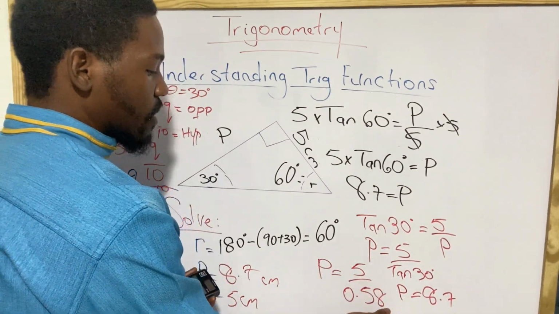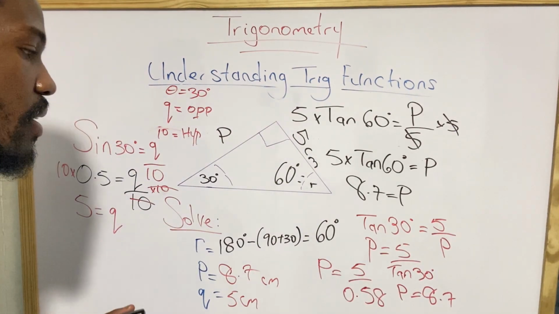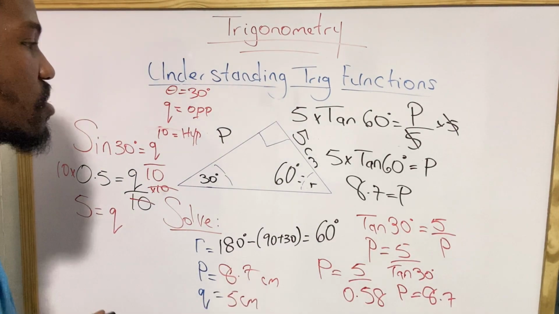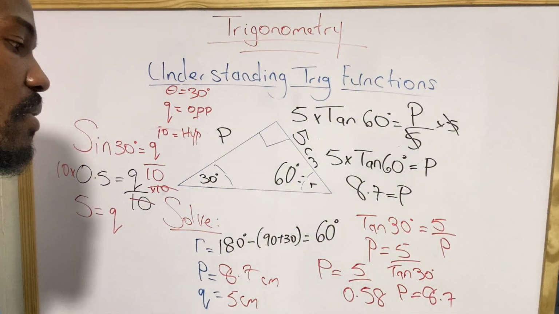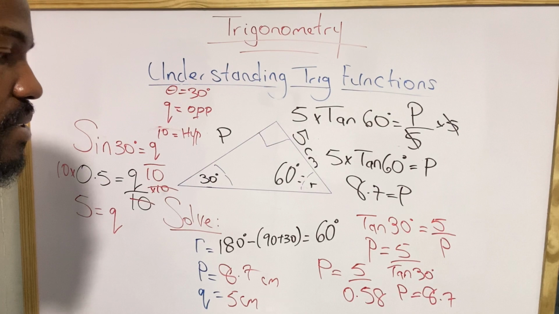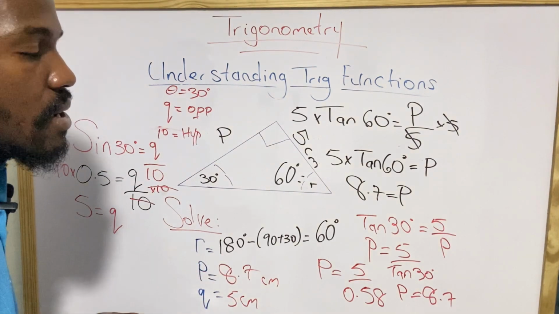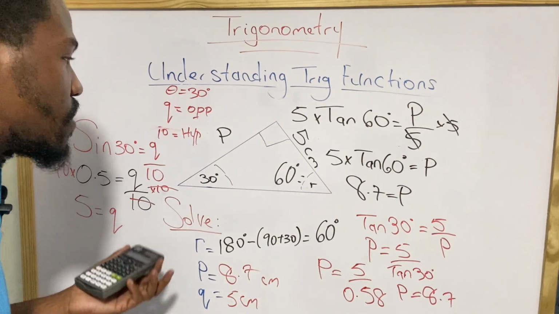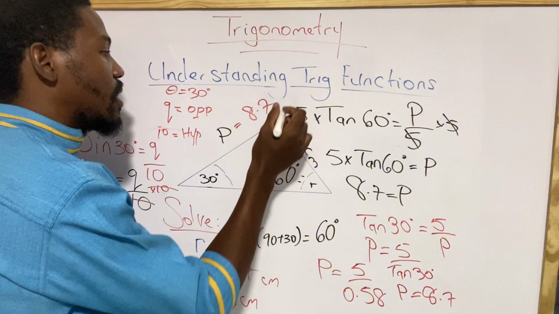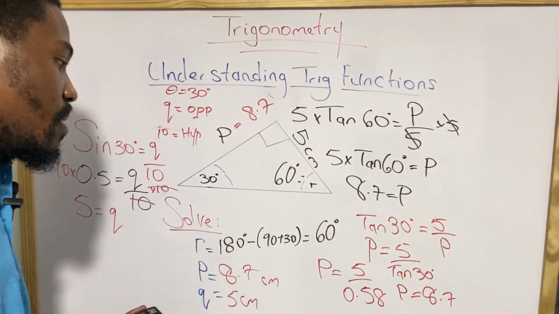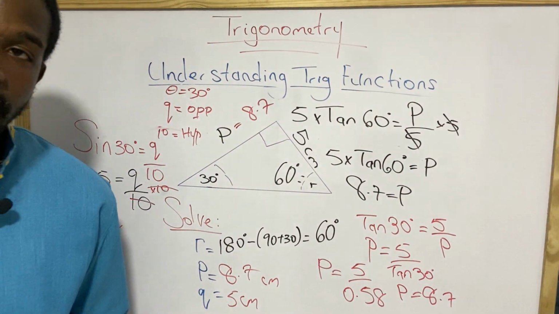If we had kept the decimals, we would have gotten it more accurately, but it doesn't change the value of P. You know that it's about 8.6, 8.7. I know you get the gist. So it's still 8.7. So that's how the whole thing works in finding a side length, right?